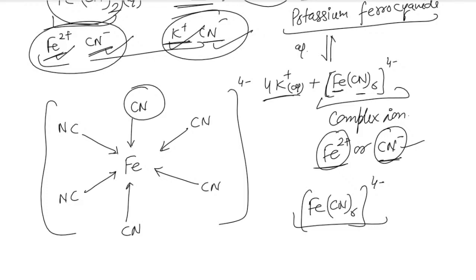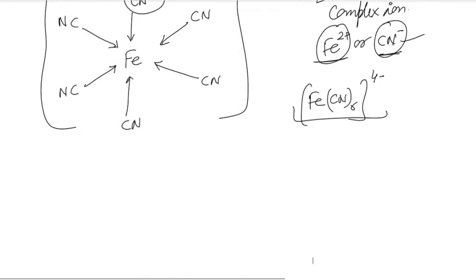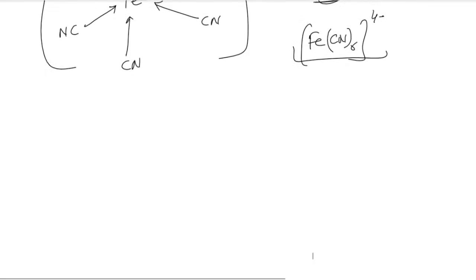So this is the definition of a coordination compound: it results from the combination of two or more stable molecular compounds, retains its identity in the solid state as well as in the solution, and its properties are totally different from the constituents present.